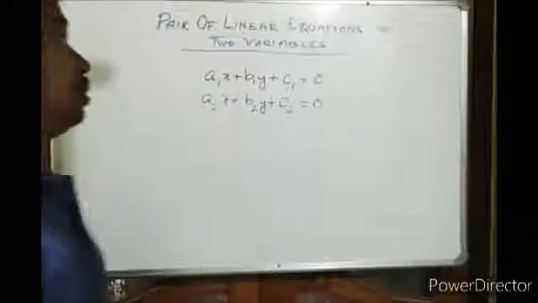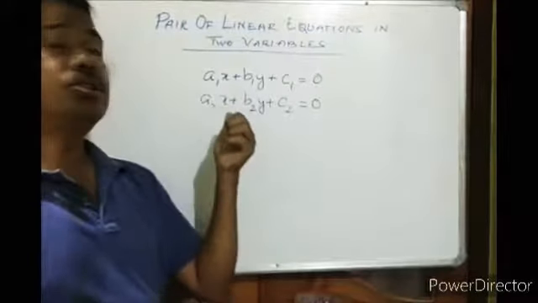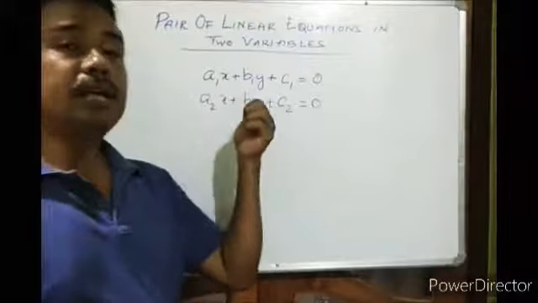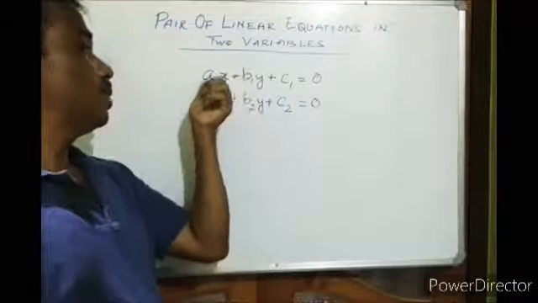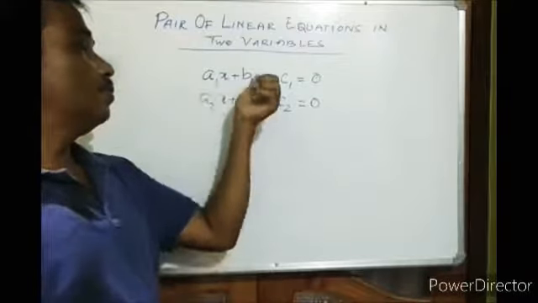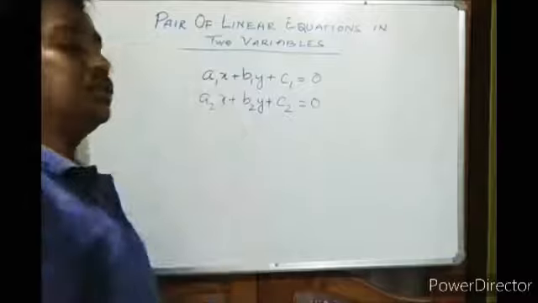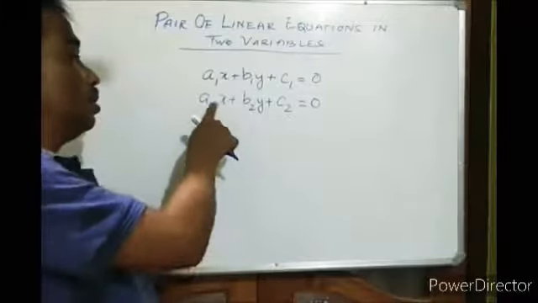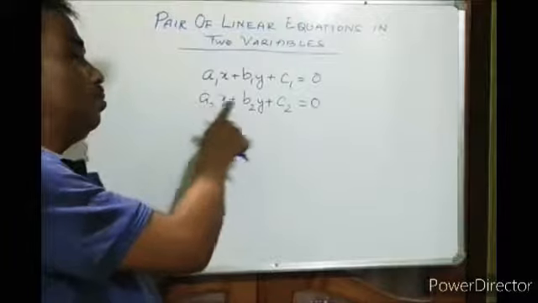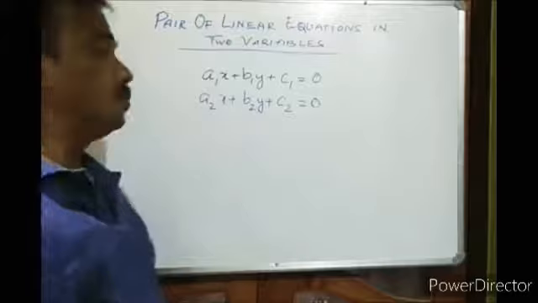So this is the general form of a pair of linear equations in two variables x and y. In the first equation, the coefficient of x is a1, the coefficient of y is b1, and the constant term is c1. In the second equation, the coefficient of x is a2, the coefficient of y is b2, and c2 is the constant term.